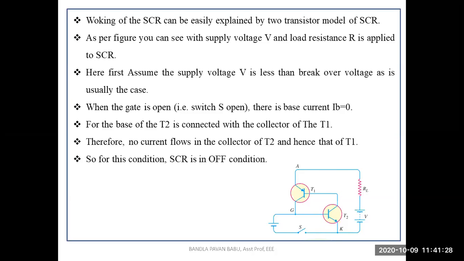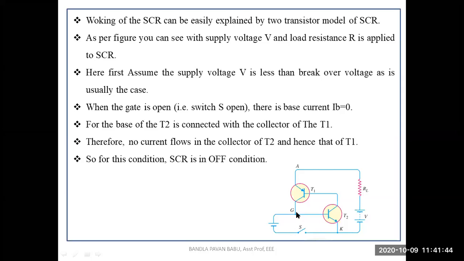As discussed earlier, look at this when the gate is open. Gate open means that here we are using an external source, and when the switch is opened, the gate current will be 0.